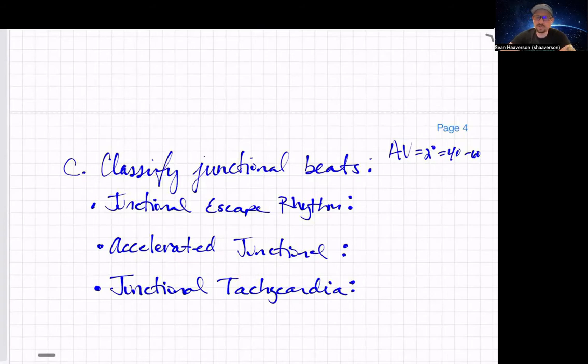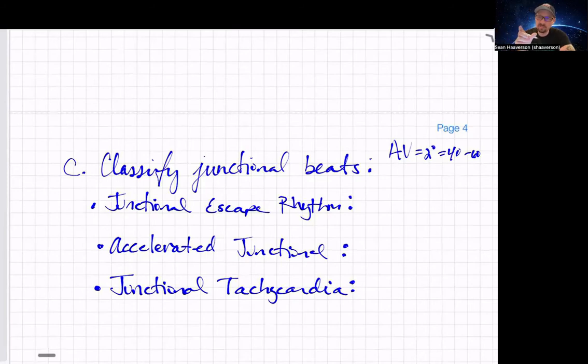So the first one to look at is a junctional escape beat or junctional escape rhythm. Junctional escape beats generally happen a little bit differently than something like a PJC. A PJC would be a premature junctional complex, and the hallmark of this is that it occurs before the beat that would have been there occurred. So it's premature. It happens before the next beat would have landed. With the junctional escape rhythm, we're usually seeing a sinus rhythm in which the SA node doesn't fire, so there's a pause from the last sinus beat, and the junctional escape rhythm is the AV node taking over.